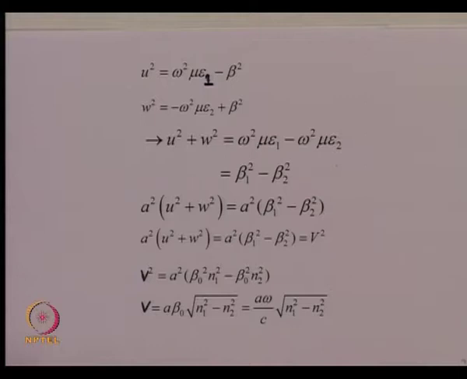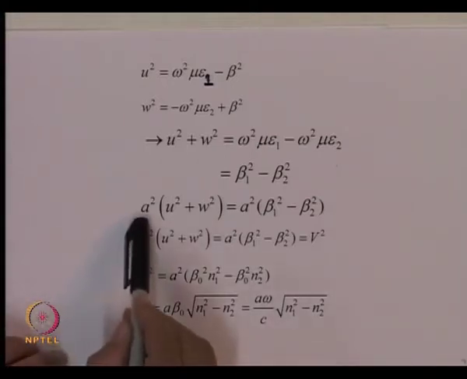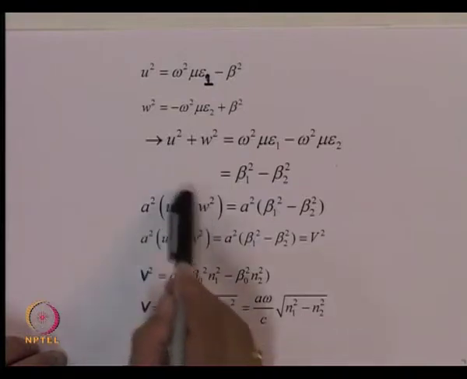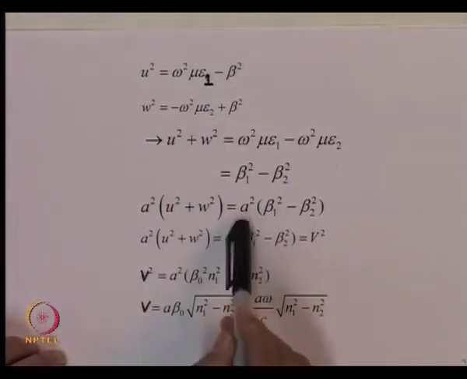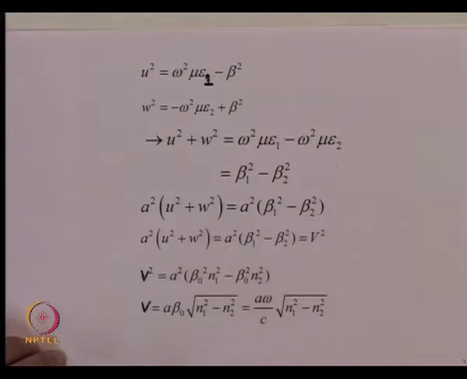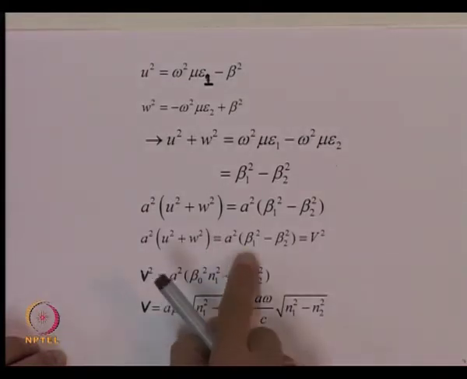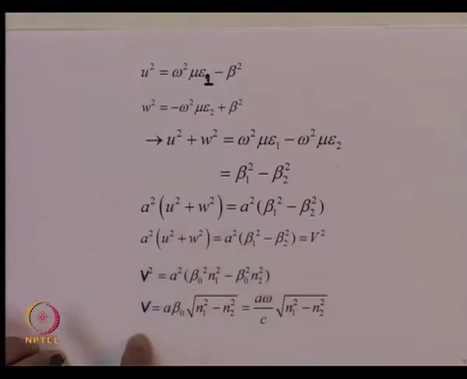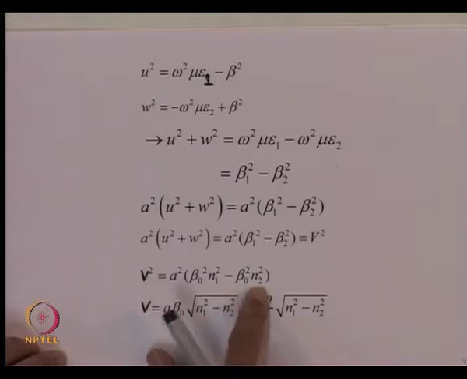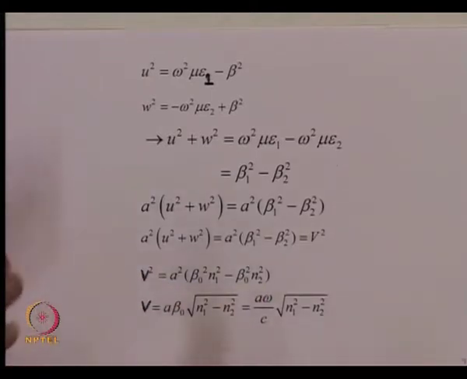So for a fiber of radius a, we can now define a quantity which is a square multiplied by beta 1 square minus beta 2 square. If I write down explicitly beta 1 and beta 2 as beta 0 square into n1 square minus beta 0 square into n2 square, we get this parameter which is a characteristic parameter for the optical fiber.